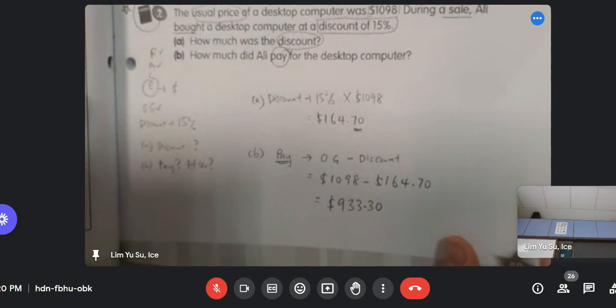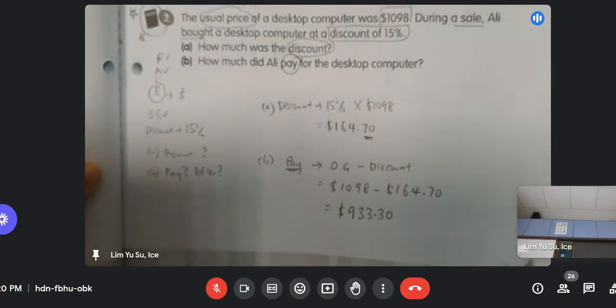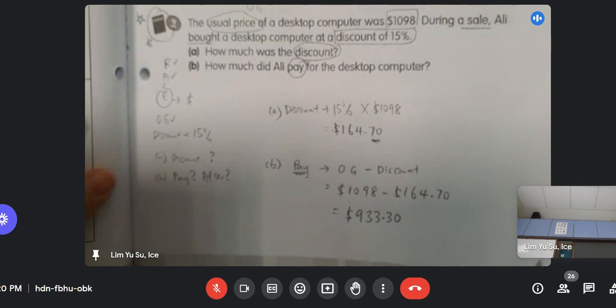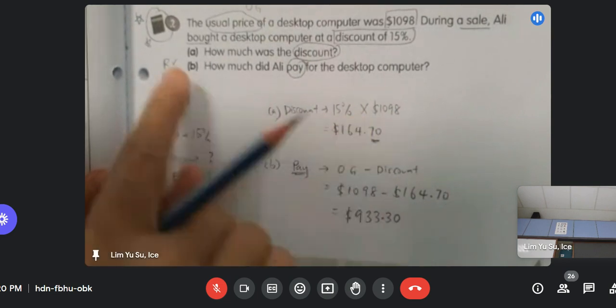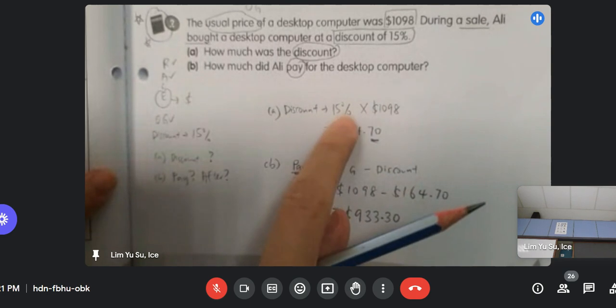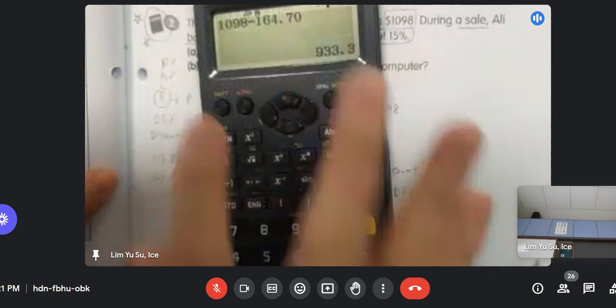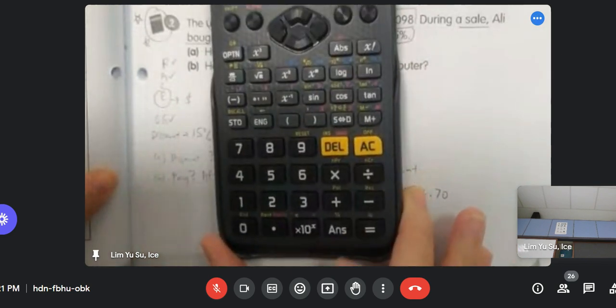Okay, so again, if it's a calculator question, I want you to practice using the calculator. For a question that involves using a calculator, I want to see you being able to press percentage on your calculator, which is the shift answer key.